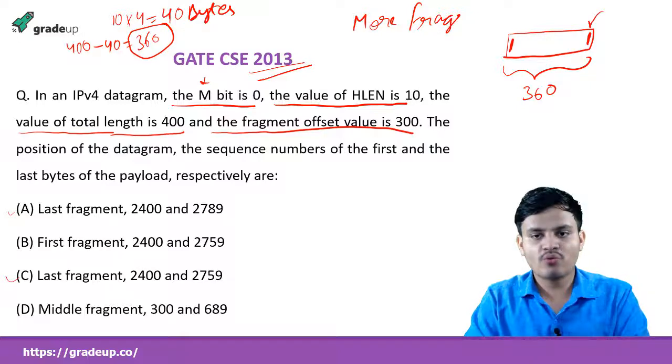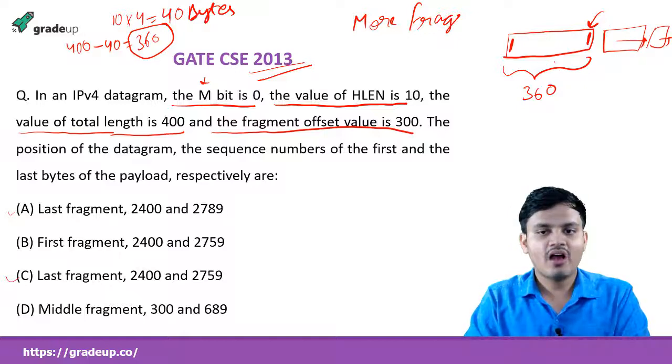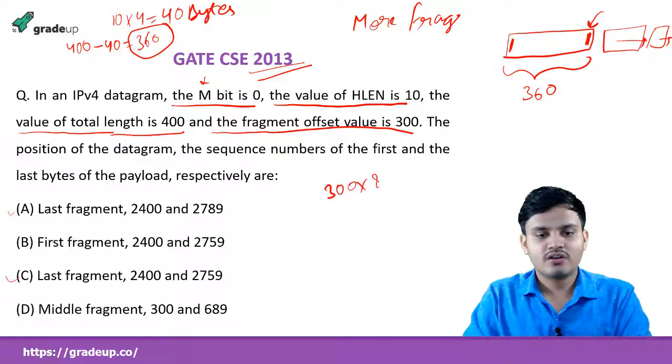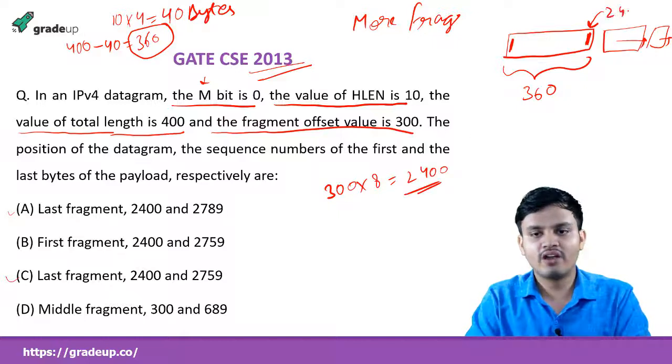The sequence number of the first byte will be the number of bytes we have already transmitted in earlier packets. How can we know that? Using fragment offset. Fragment offset has value 300 and the scaling factor is 8, so 2400 will be the sequence number of the first byte.